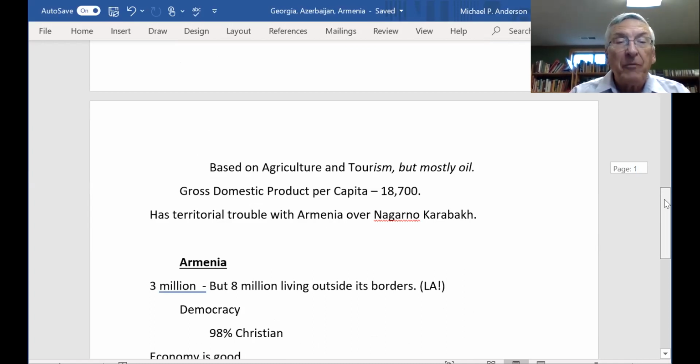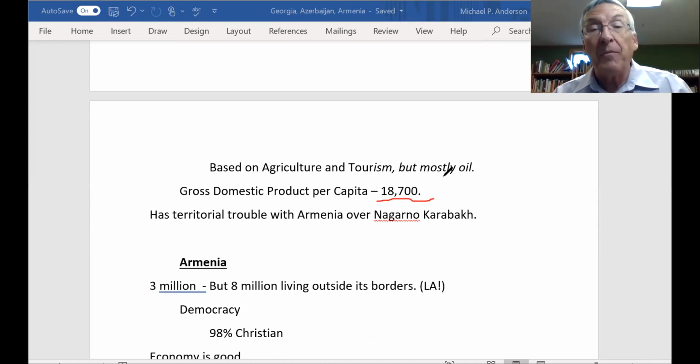But it's mostly oil. So you would expect that gross domestic product per capita to be much higher, and it is, in fact, much higher. Okay, so we've got like $18,700 average per capita per person in Azerbaijan. Remember, it was like 4,300 in Georgia.